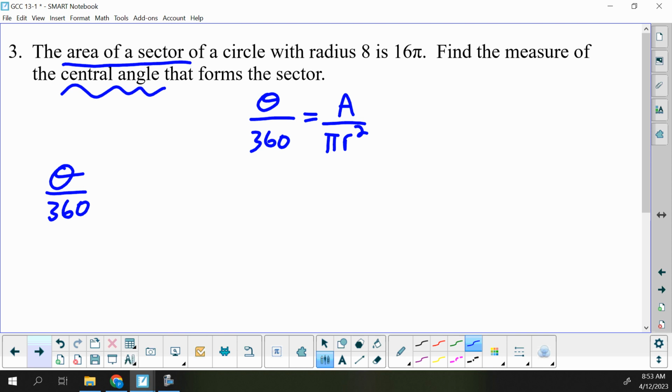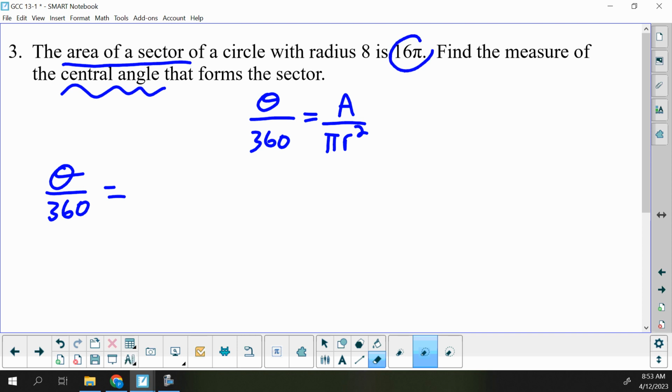The technical theta just goes right in the middle like that. Kind of looks like the Pepsi symbol almost. But I like to purposely extend it a little bit just so I don't accidentally confuse it for a 0. You are also welcome to put some other variable in for theta if you wanted, like an x. That's fine as well. On the top right should be the area of the sector.